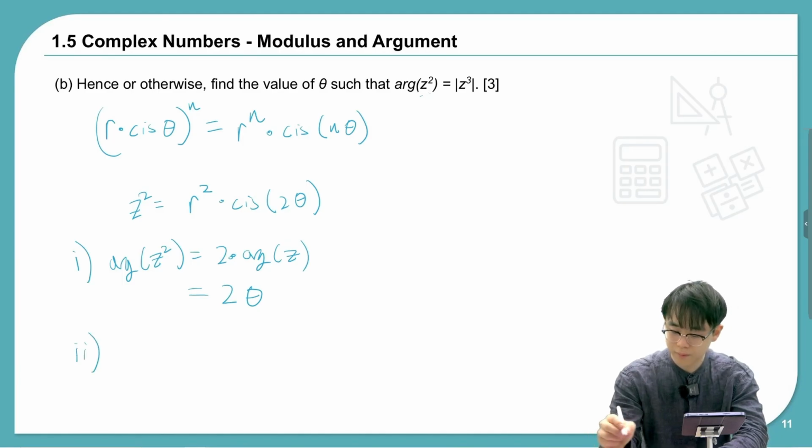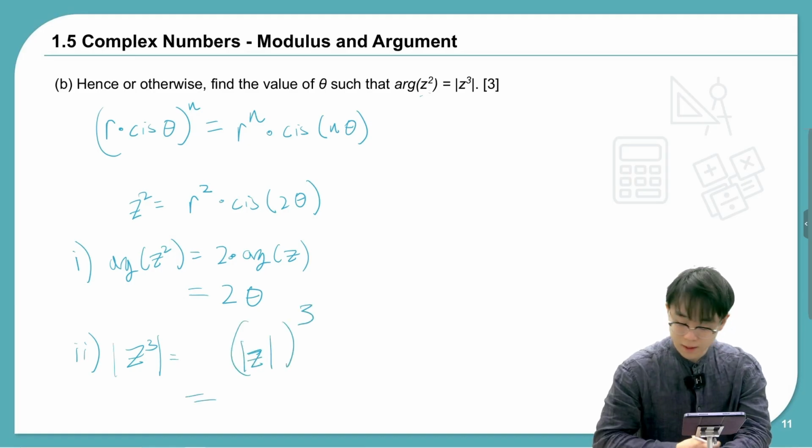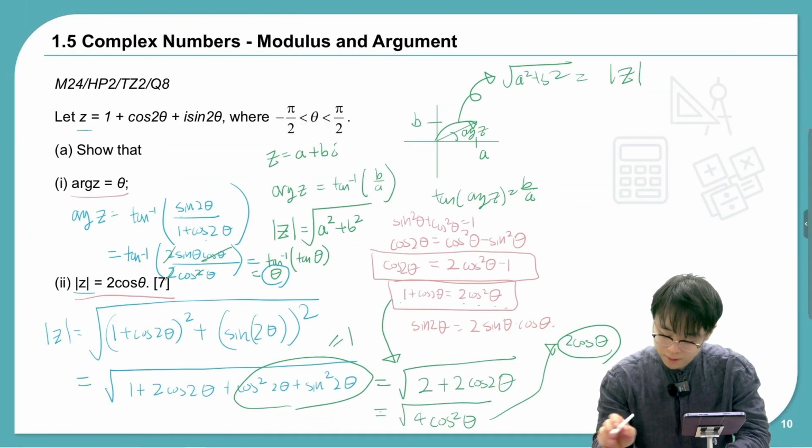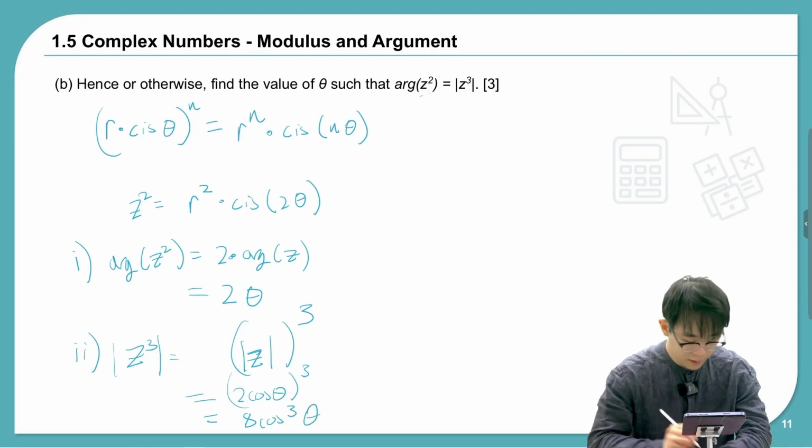Part 2, the modulus of z cubed is going to be the modulus of z raised to the power of 3, right? We said that the modulus was 2 cosine theta, so raising that to the power of 3 gives 8 cosine cubed theta.